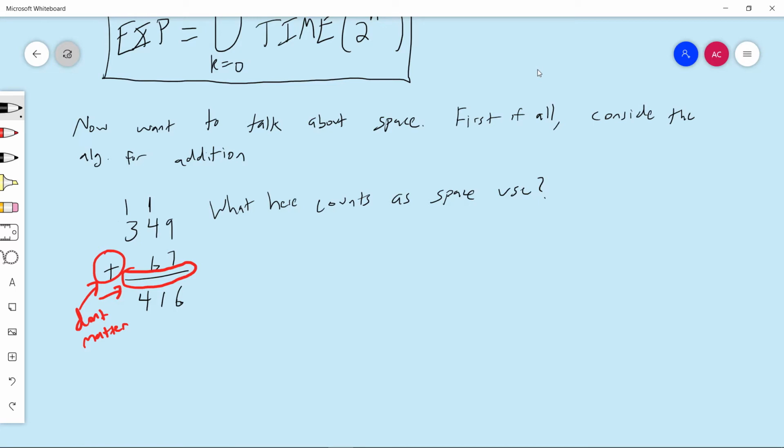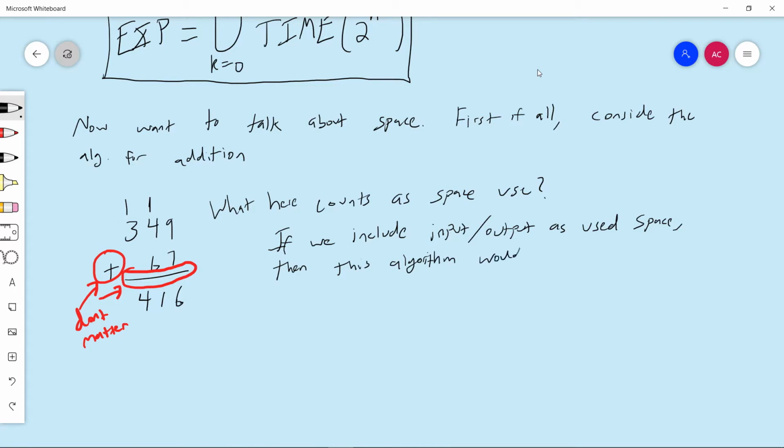But if we did that, then we would lose some specificity, because if we include input and output as used space, then this algorithm would operate in space O of n.